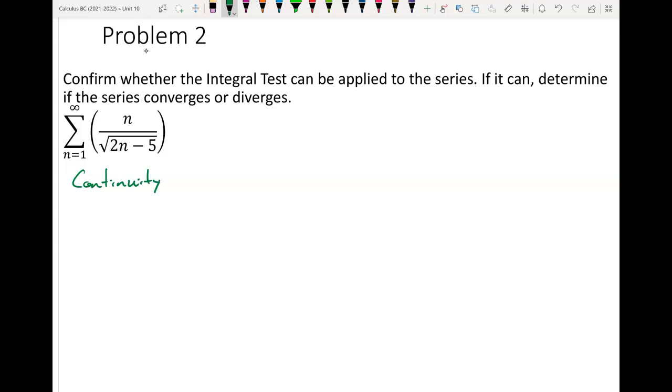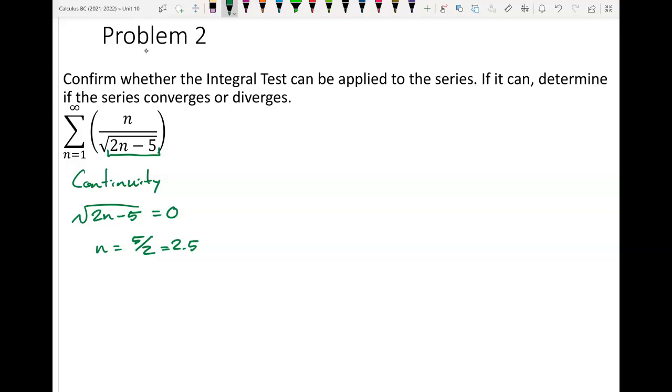Do we have any discontinuities? Will the denominator ever equal 0? At 5 over 2, right? Which is 2.5. So it has a discontinuity, but that's the only one, right?